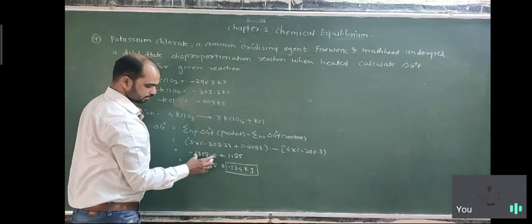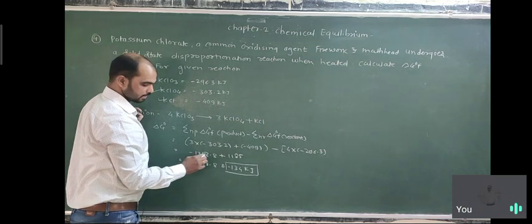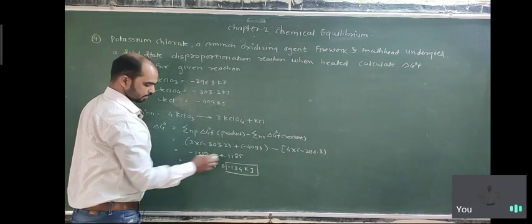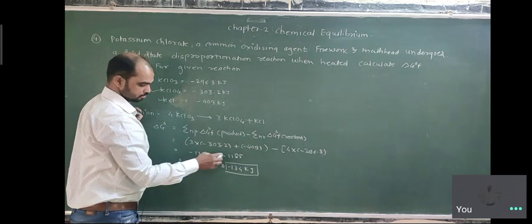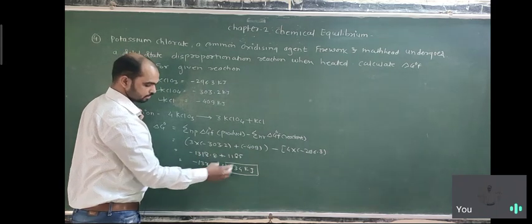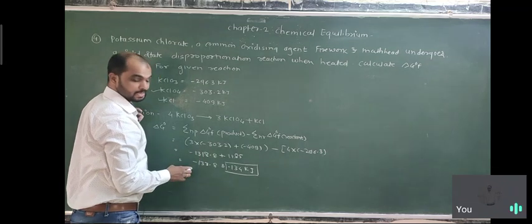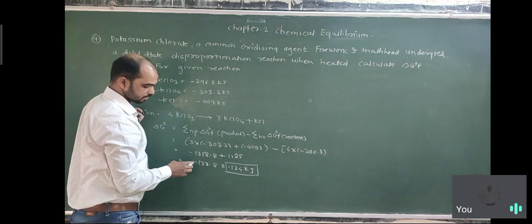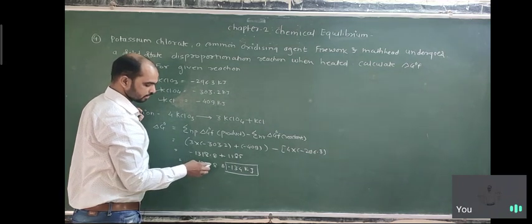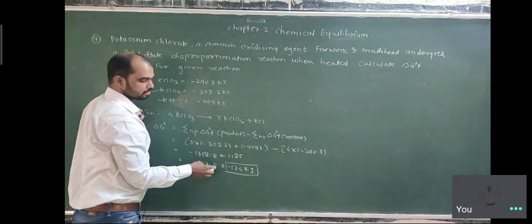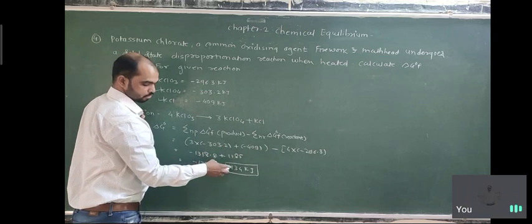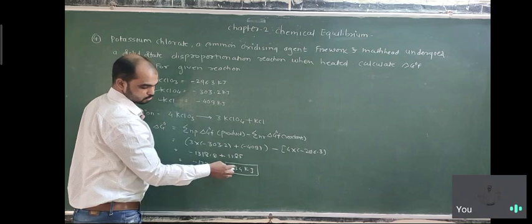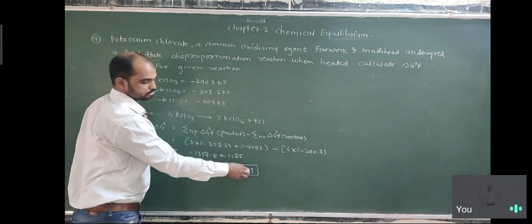So finally it is minus 1318.8 plus 1185. There is a subtraction, and we take the sign of the higher value, 1300, which has a minus sign. So the answer is minus 133.6 or 8 when you use the calculator. Finally when we round it off, the answer is minus 134 kilojoule.